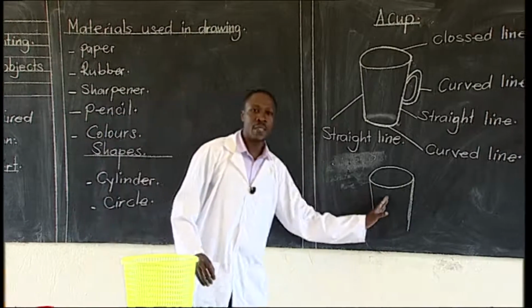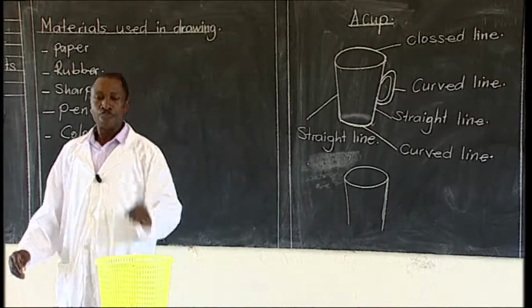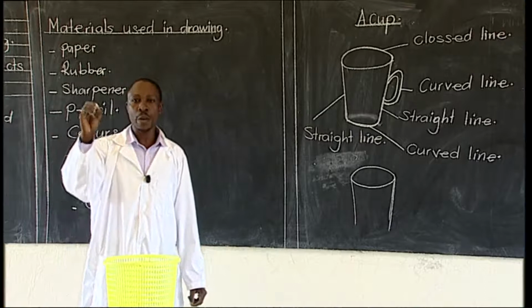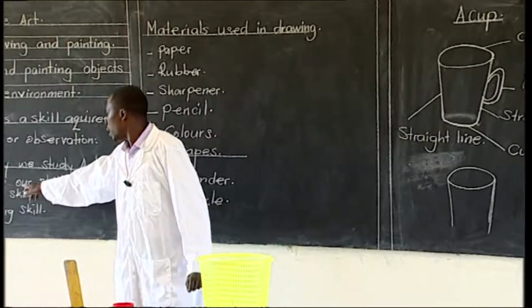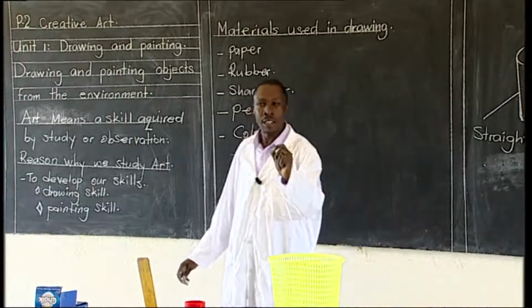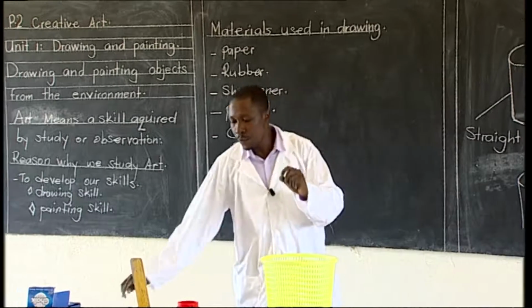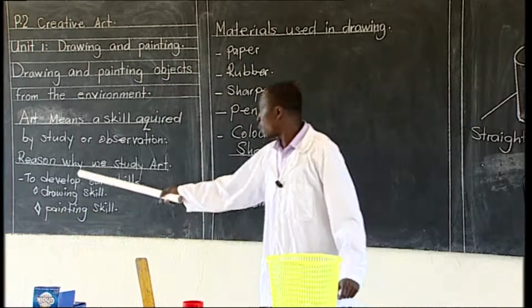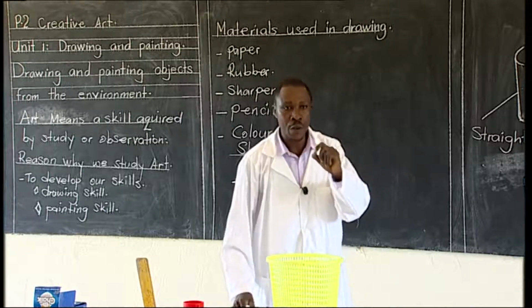And remember, we have said when we are drawing, we don't use a ruler. In fine art, we use our free hands because at first we said we learn art to develop our skills. That's why we use free hands when we are drawing.